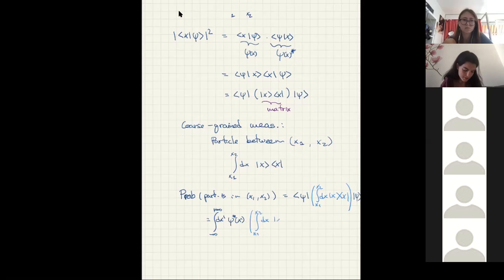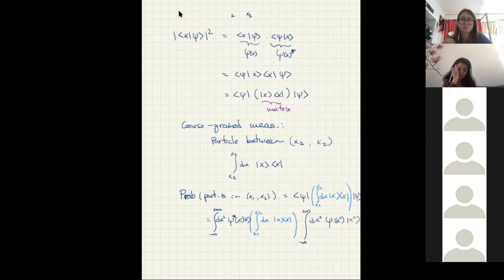Oh, I forgot the x' here. And now here comes again another integral from minus infinity to plus infinity, dx'' of psi of x'', x double prime.